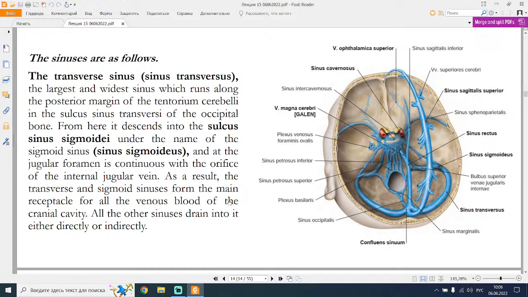It is the largest and widest sinus, which runs along the posterior margin of the tentorium cerebelli in the sulcus sinus transversi of the occipital bone. From here, it descends into the sulcus sinus sigmoidei.